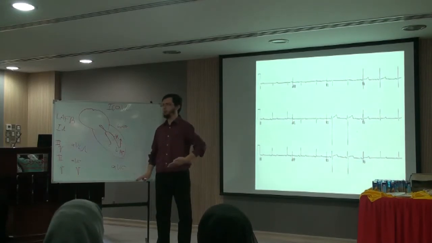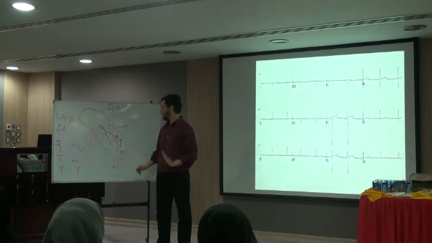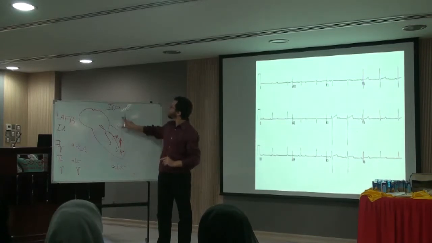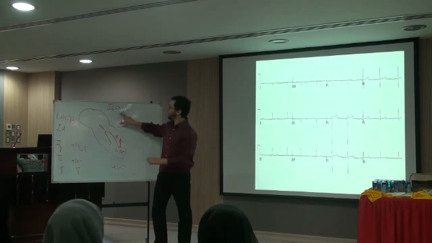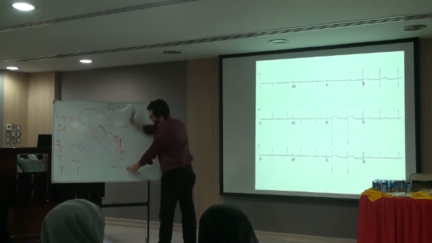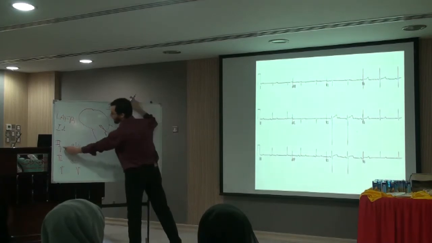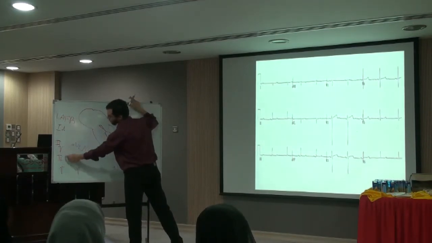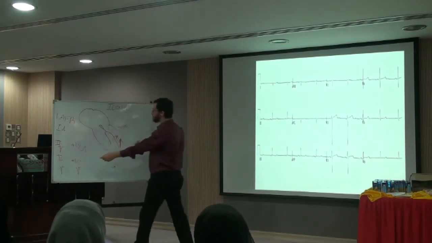Left anterior and left posterior are vertical. So this is not supplied. So unopposed activation of the left anterior fascicle will occur from down up, towards 1 and AVL, so towards is positive, and away from AVF, so AVF will be negative. And 2 and 3 are also inferior.